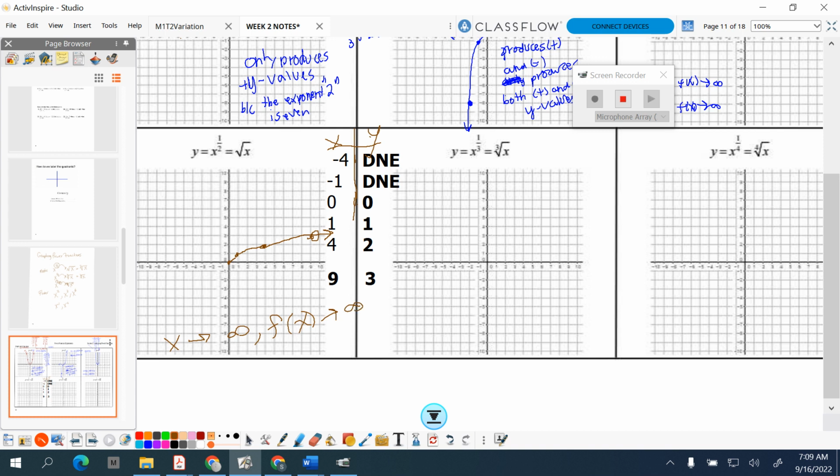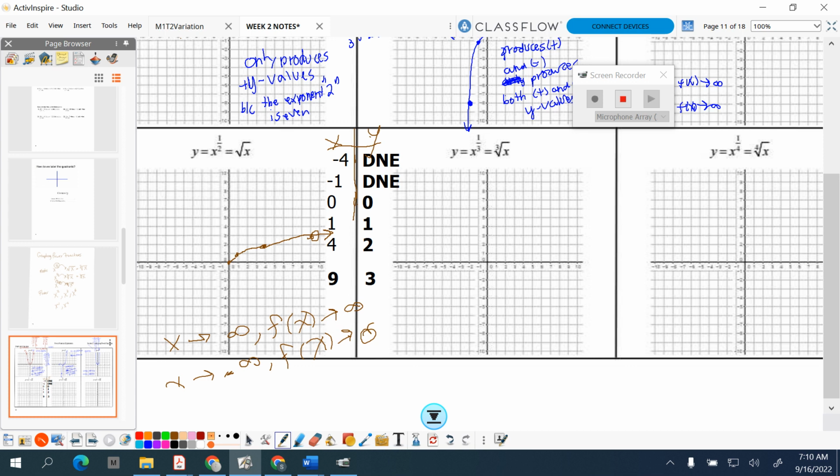As x goes to negative infinity, or it's literally 0, my y values, where'd they go? What's the smallest y value I have? It is to the left, I mean, and it's 0. Like I can't go past 0.